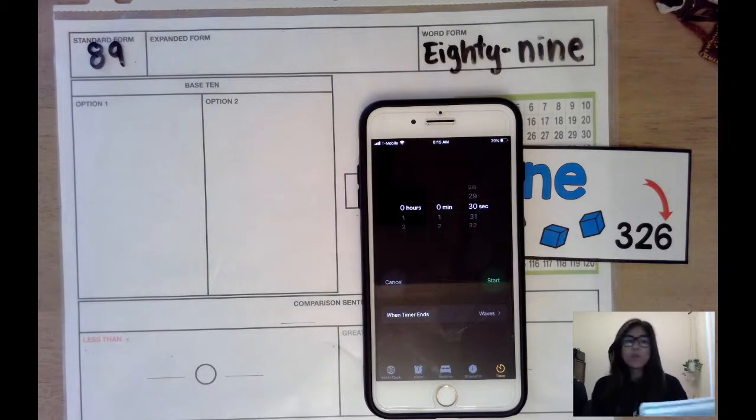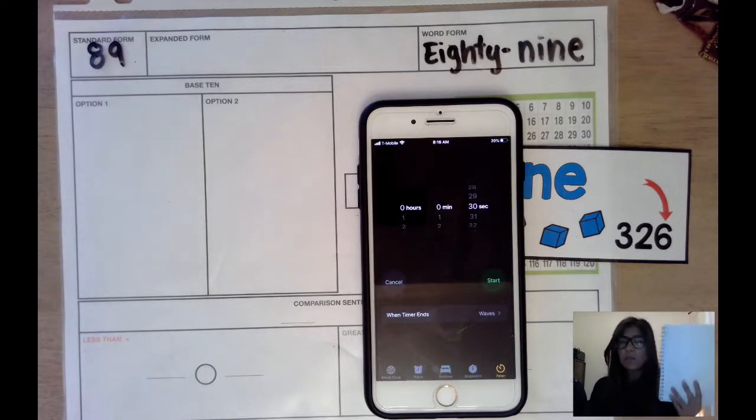So you have your notebook ready. If you do not, go ahead and grab a paper and a pencil, and in your notebook represent the number 89 using base 10 blocks.